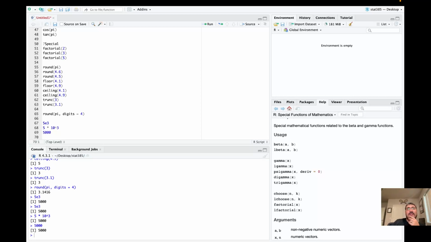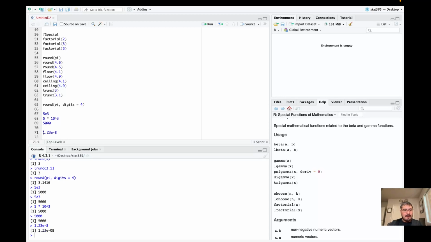Similarly, I could take a really small number, like e to the negative 8. Let's see until we get one that actually writes out. Okay, I can write it in scientific notation, and then R, by default with this one, displays all of the decimals.